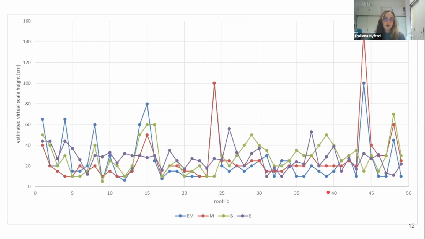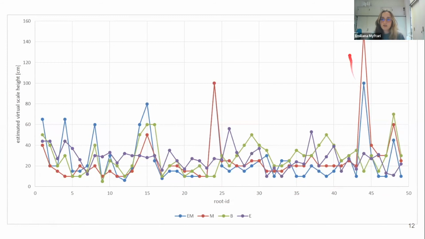So each one of us made this estimation for each of the 49 stations, because one station has no virtual scale, so we couldn't actually use it. And we estimated the virtual scale height. As you can see, we have a lot of different values. Sometimes the values are really equal to each other.